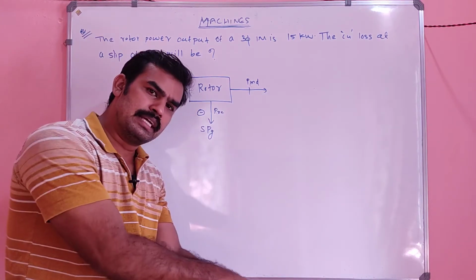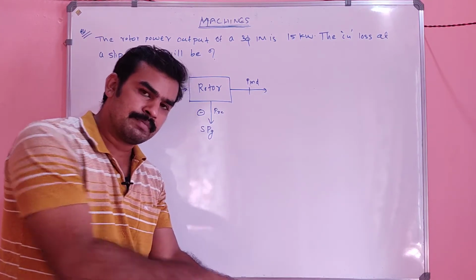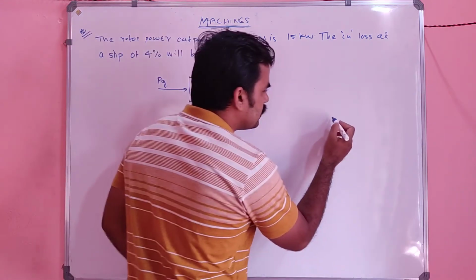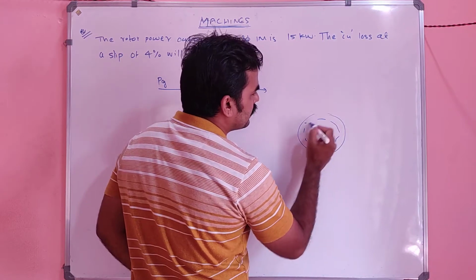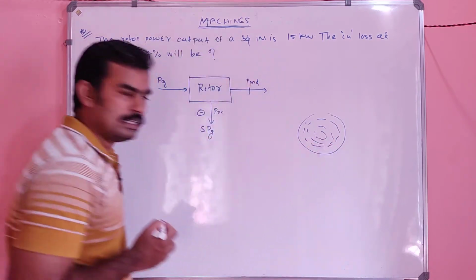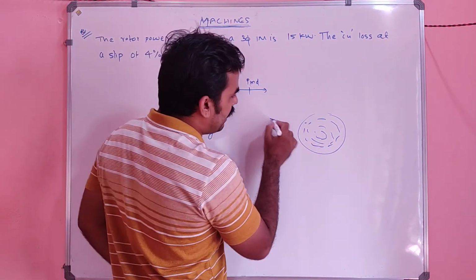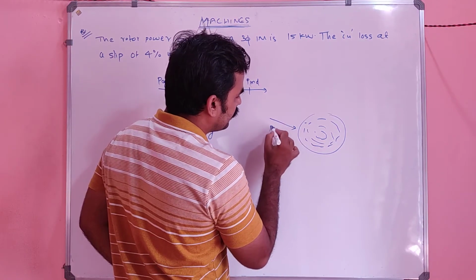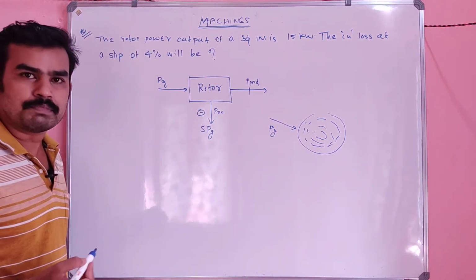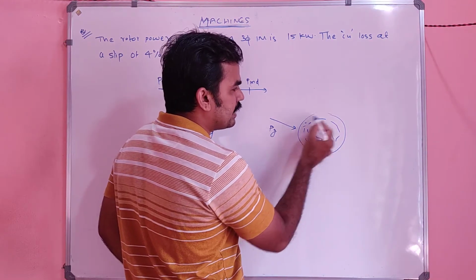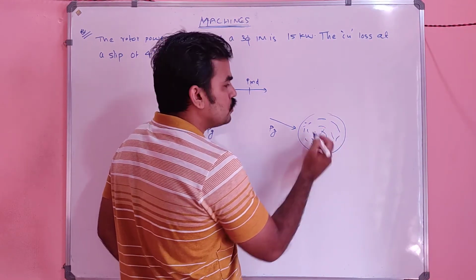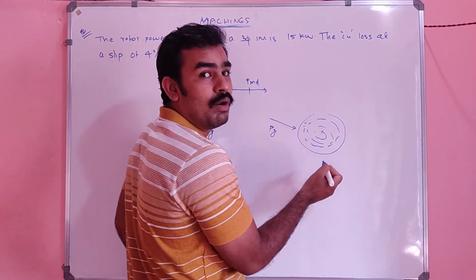See, this is the rotor, right? Imagine this is the rotor. So many conductors are there, my dear, inside the rotor. You gave the supply as PG, and due to this there is a current flowing inside the whole conductor, right? So there will be so many losses in the copper conductor.